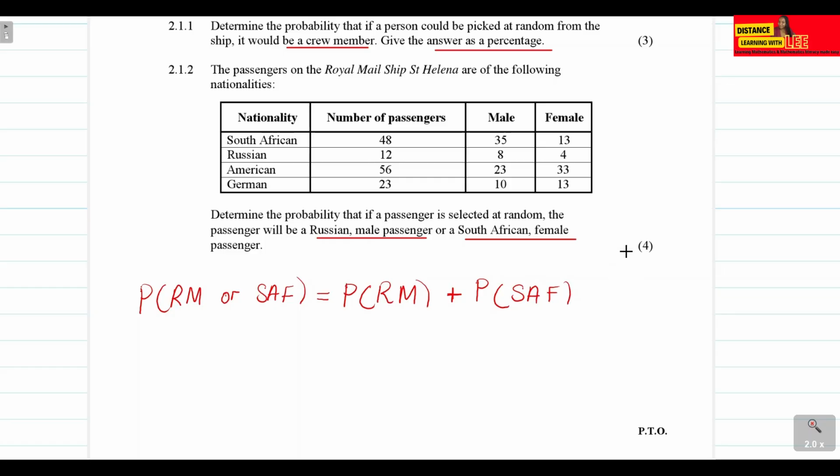Please note here that there is no intersection between the two. There is no intersection where the passenger is a Russian male and a South African female at the same time.